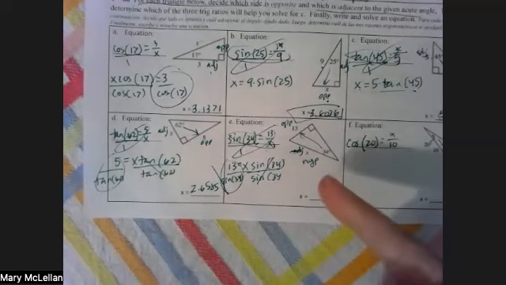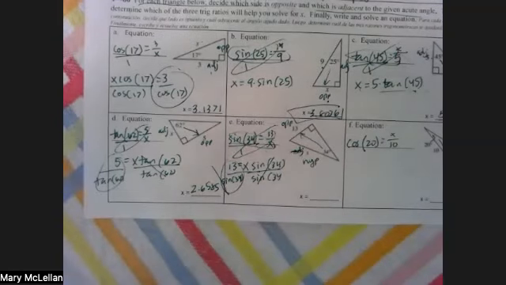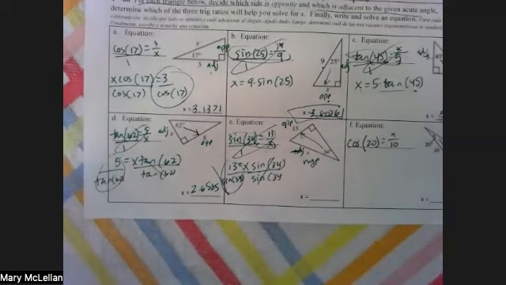I think I did this problem wrong when I made my key, so I actually have to use my calculator for real. So just a moment, I'm going to type in 13 over sine of 34 on my calculator.